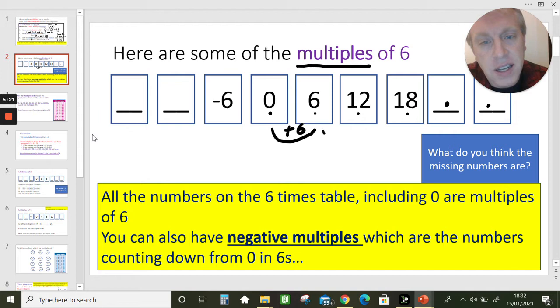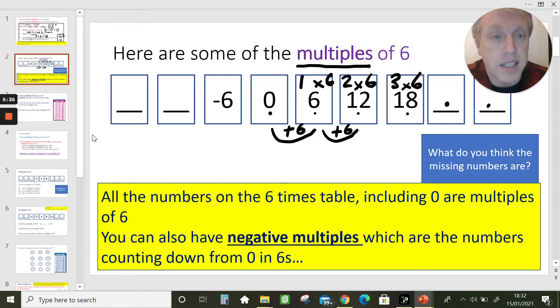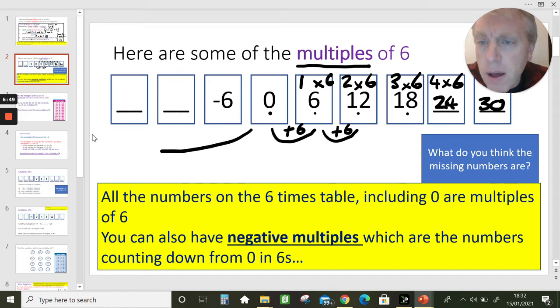Add 6, add another 6, or if you like, we're saying 1 times 6 is 6, 2 times 6 is 12, 3 times 6 is 18, so this one must be 4 times 6, 24, and then 5 times 6. Oh, but look down here. We have got some negative numbers, which are also multiples of 6.